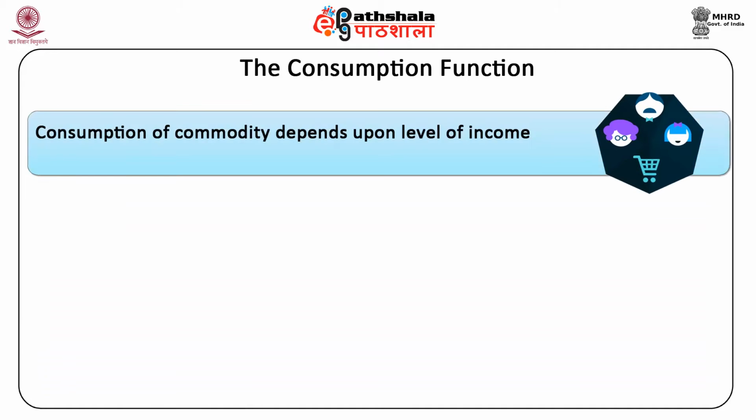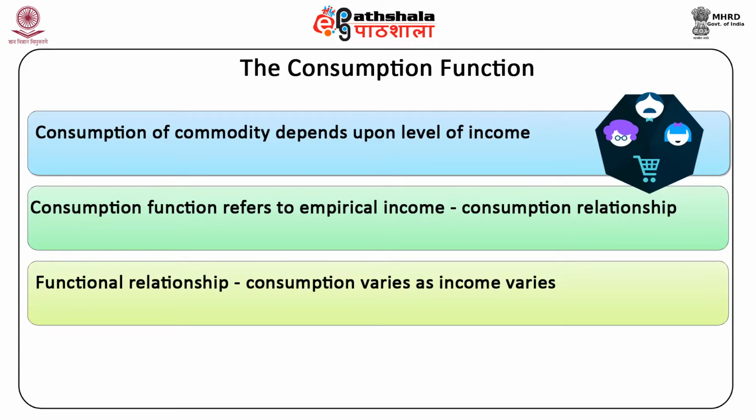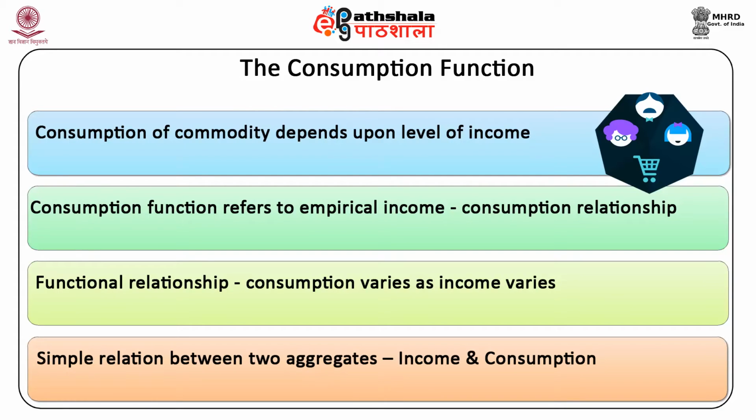The consumption of a commodity depends upon the level of income. The consumption function refers to an empirical income-consumption relationship. It is a functional relationship indicating how consumption varies as income varies. It is a simple relation between two aggregates, income and consumption.